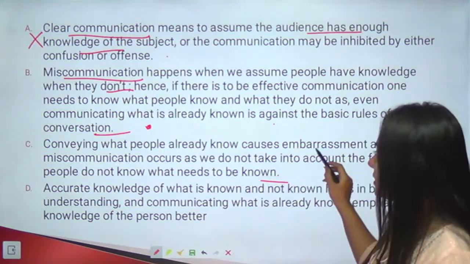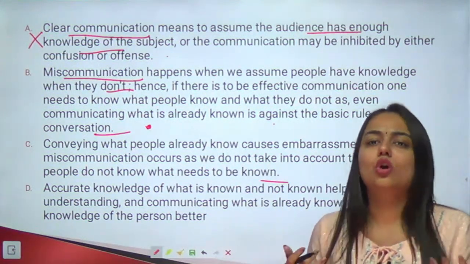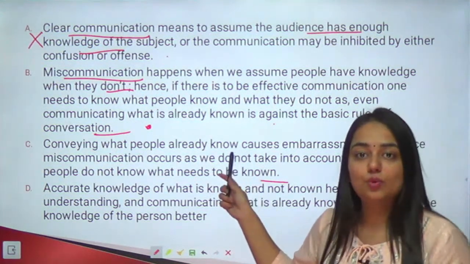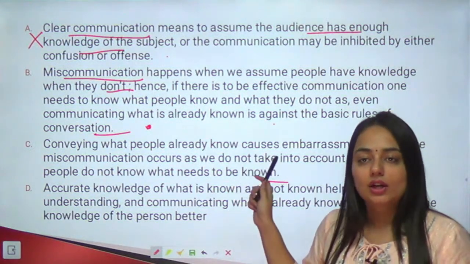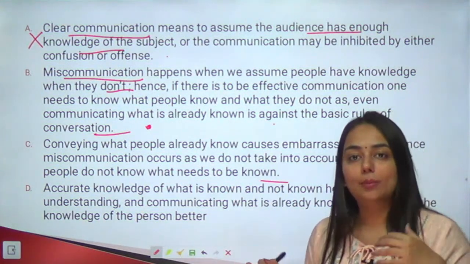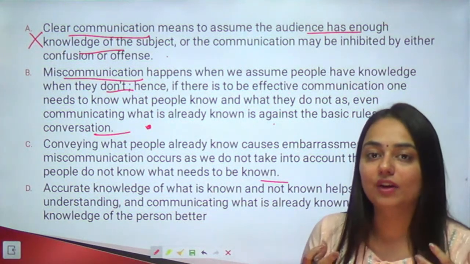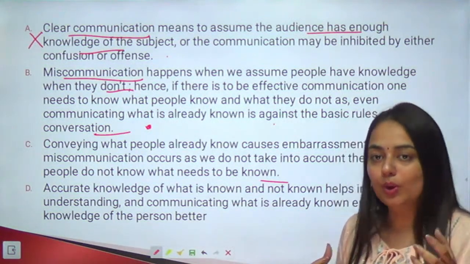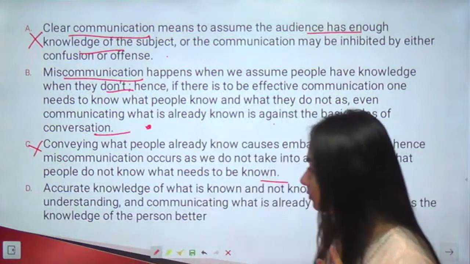It did discuss that conveying something to people which they already know about would cause embarrassment. That is perfectly right. But this is supposed to be a para summary. It should justify the whole passage. It did not mention the communication with those people who are completely unaware of what the communication is going about. Right? Because it doesn't talk about the second thing, we're going to eliminate it.